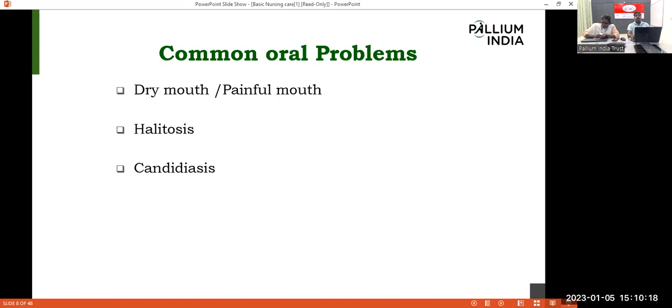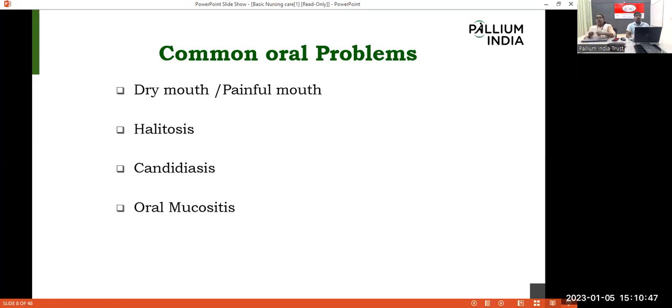Then halitosis, foul smell while breathing, the malodor that will be felt, that's halitosis. Then candidiasis, or oral thrush, it's a fungal infection, a patchy appearance we can see on the upper portion of the tongue or inner palate. This candidiasis also will happen due to poor oral care.